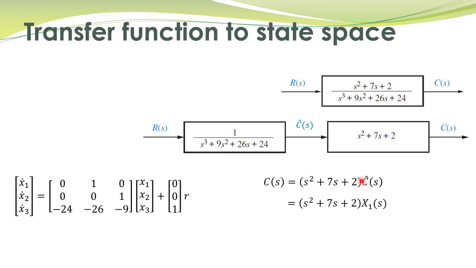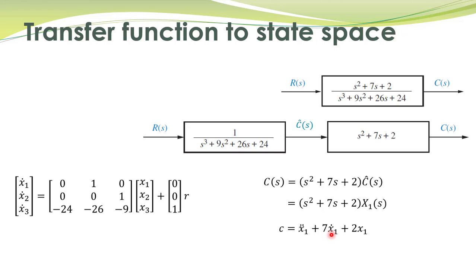If you look at the previous slide, this output was equal to the state variable x1. Here the only difference is that it is denoted by C hat. So C hat is equal to x1. Now s multiplied by x1, what is that? x1 dot. Likewise s square multiplied by x1 is equal to x1 double dot in the time domain. That is written over here, the same equation written in the time domain.